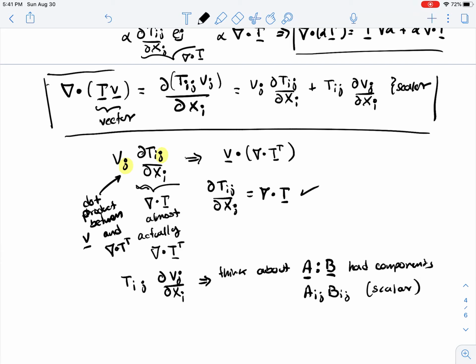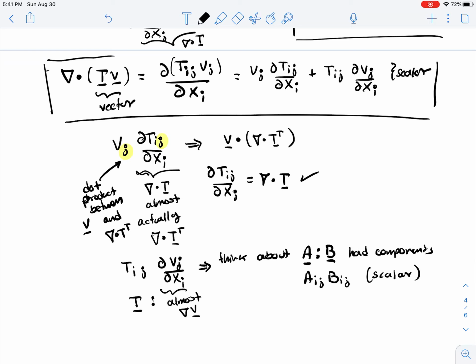So that almost looks like this. I have Tij, so I'm going to have T double contracted with this dvj dxi, and this almost looks like the gradient of V, right? But the indices are out of place. It should be the other way.